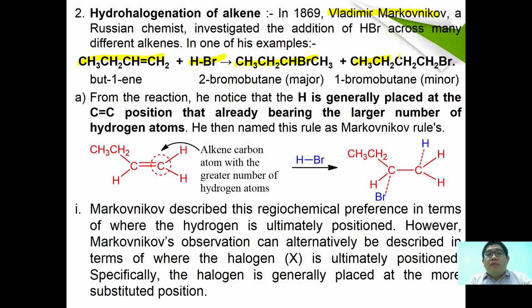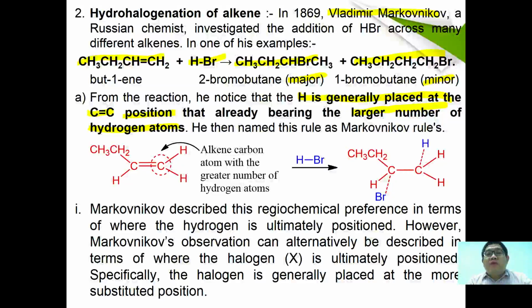So in here, 2-bromobutane is described as the major product, while 1-bromobutane is described as a minor product. From the reactions above, he noticed that hydrogen is generally placed at the unsaturated C=C position that already bears a larger number of hydrogen atoms.